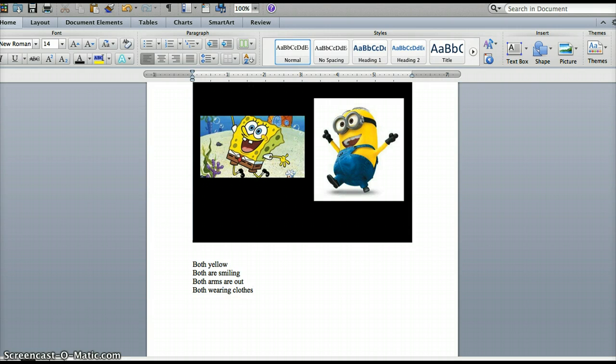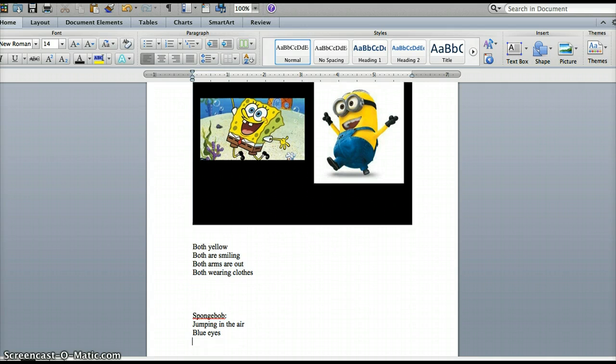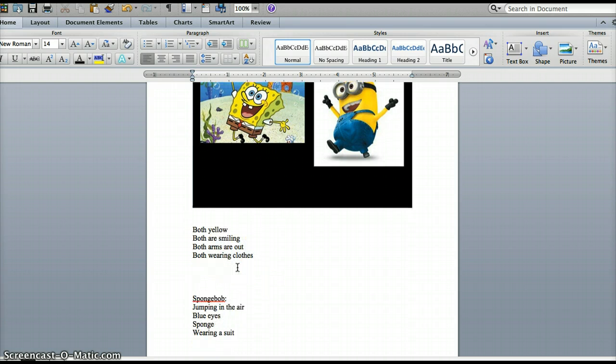So let's talk about differences. So let's just look at SpongeBob. So jumping in the air, blue eyes, obviously that he's a sponge. He's wearing a suit and is underwater.